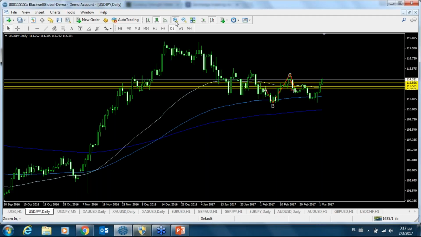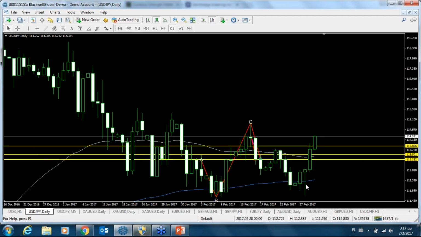Now we have all these candles that show a lot of strength. All these candles are longish, bullish candles that go above all 3 lines, and that is definitely a sign of bullishness. As it goes upwards, you have this area here and this area here as resistance, but it is showing the price of 114.33.